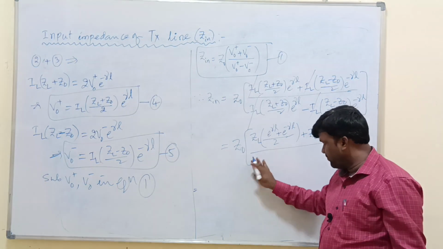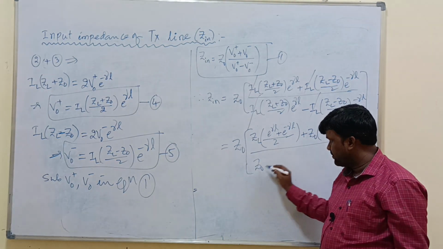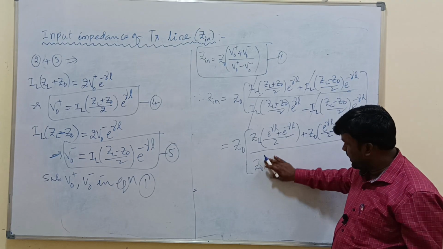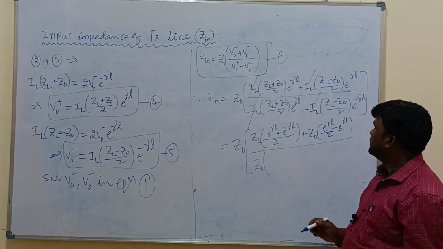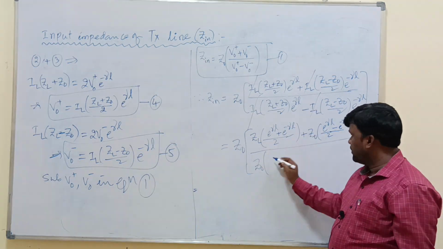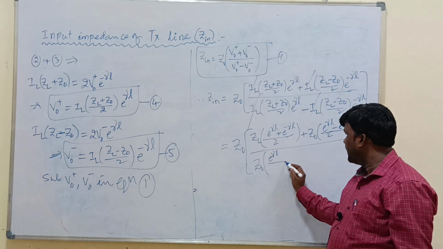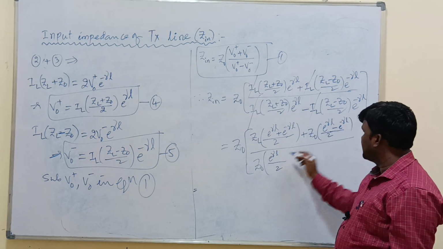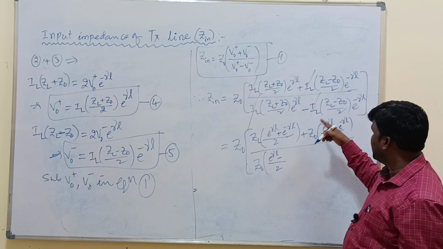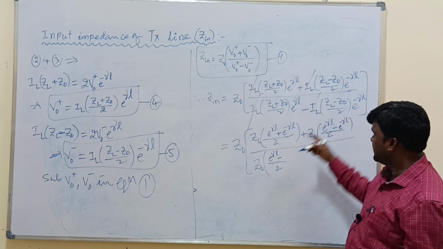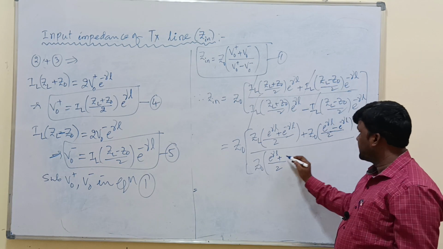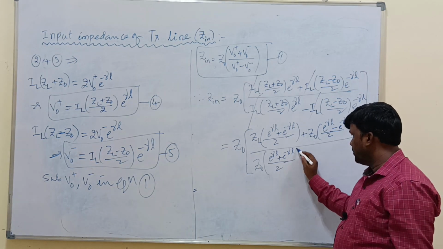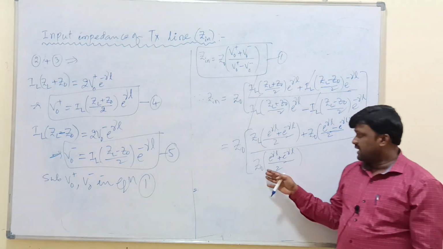Similarly, here I am writing first Z naught term. Okay, you will understand why I am writing Z naught first. So here Z naught term, it is e to the power gamma L by 2, and here minus, sorry, it is minus into minus, that is plus. Remaining is what, e to the power minus gamma L by 2. Why am I writing Z naught as first term?